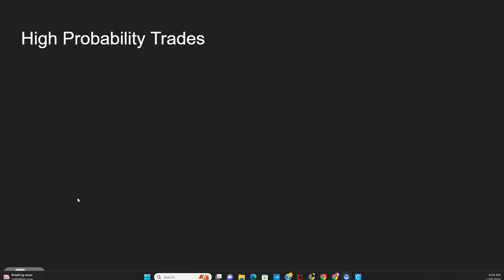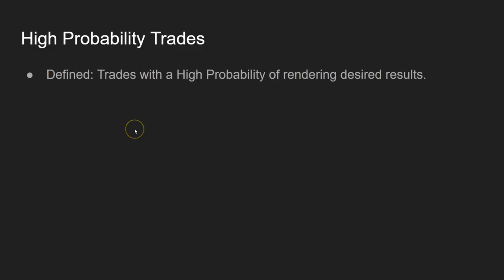Okay, y'all, so now let's get to defining high probability trades. A high probability trade versus what a low probability trade is and what a random trade is, right? A high probability trade is defined as trades with a high probability of rendering desired results.